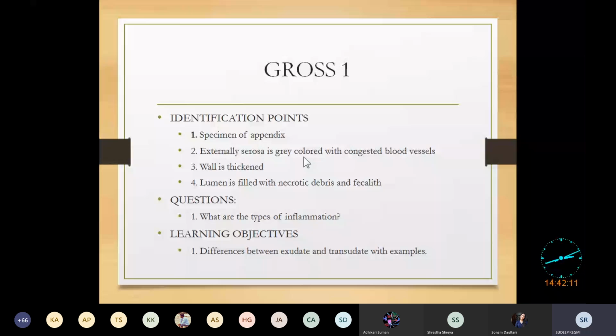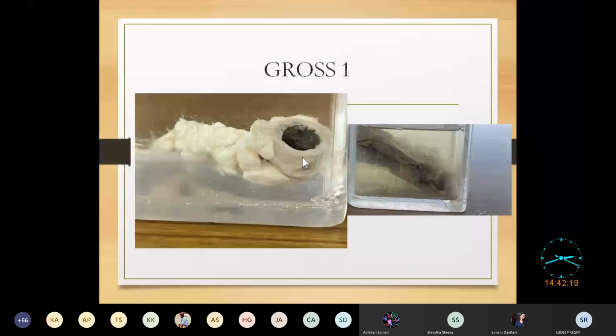Roll number 5, can you please revise whatever we have learned about acute appendicitis? Okay, roll number 7.